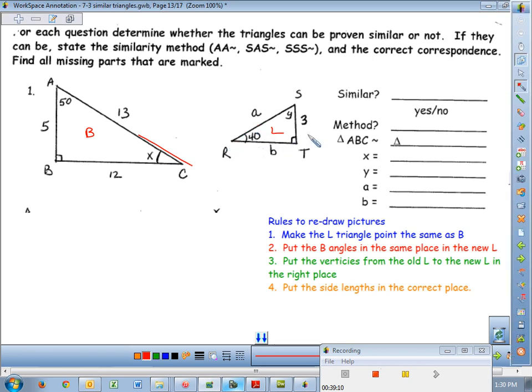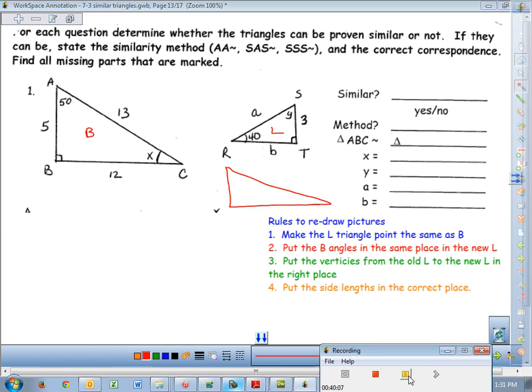So here's what I want to do. Rules to redraw pictures. First thing, make the little triangle point the same as the big triangle. So check it out. Here's my big triangle. I'm going to make a new sketch right here. Do you see this red triangle that I have redrawn?